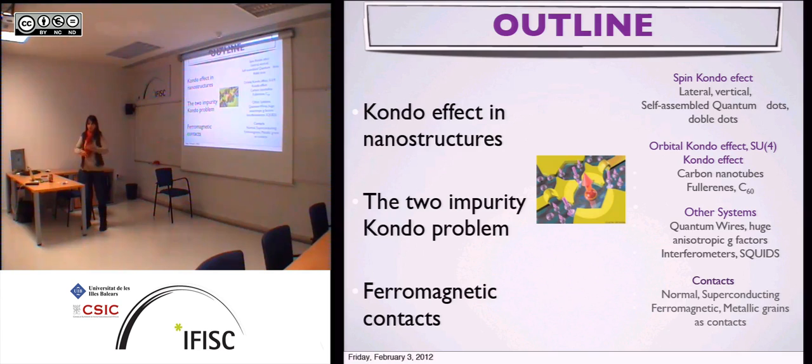People just take the transmission through the dot independent of the applied voltage, and then the current is the transmission and the difference of the Fermi functions.